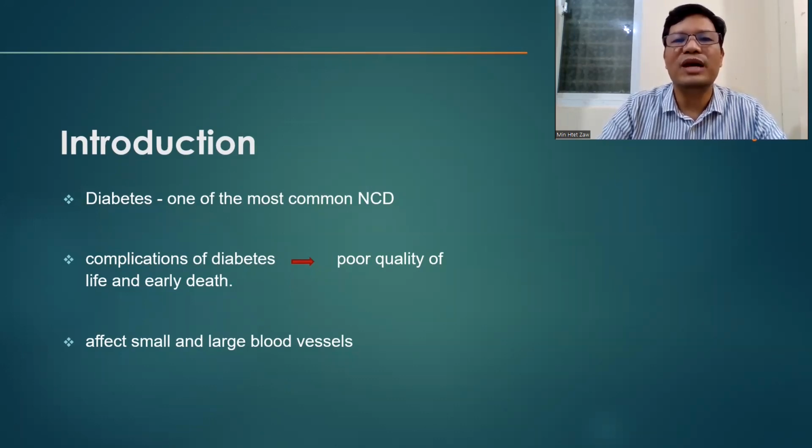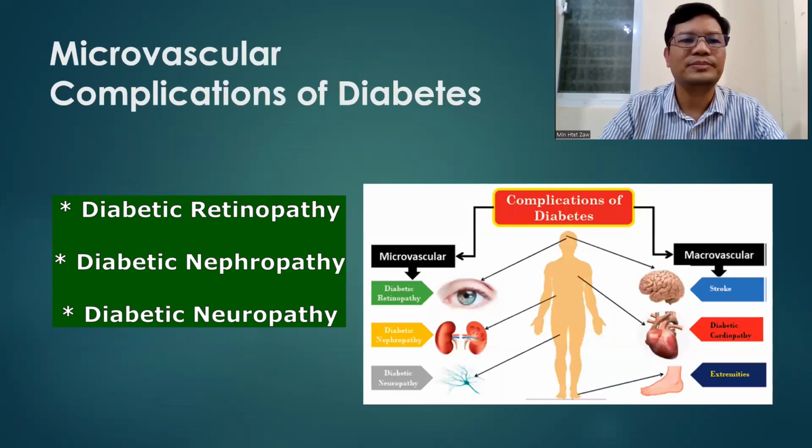The complications of diabetes affect small and large blood vessels. And complications of diabetes can be seen as in this picture. Microvascular complications involve diabetic retinopathy, diabetic nephropathy, and also diabetic neuropathy.